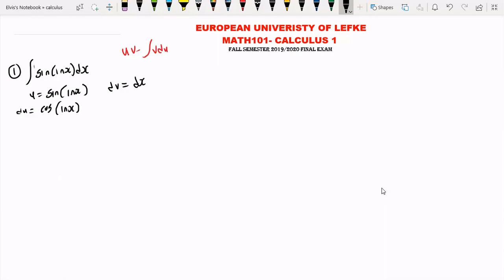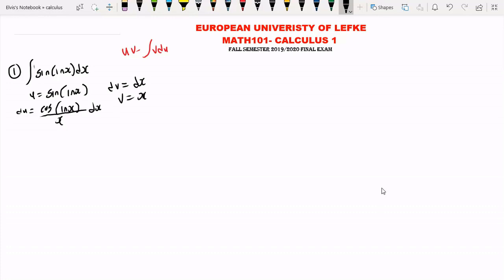Then we also need to take the derivative of the inside function, which is ln of s. The derivative of ln of s is 1 over s. So we can write this as divided by s, ds. Now if we take the integral of 1, the integral of 1 is going to give us s, right? So v is going to be equal to s.